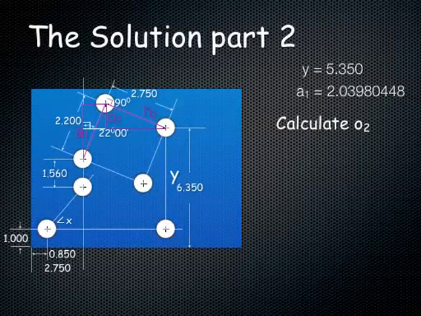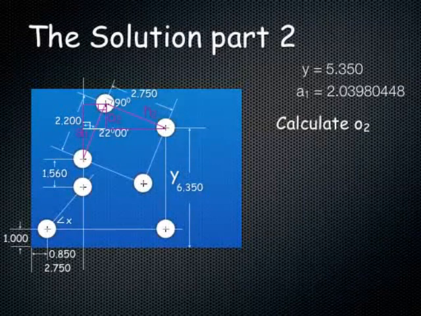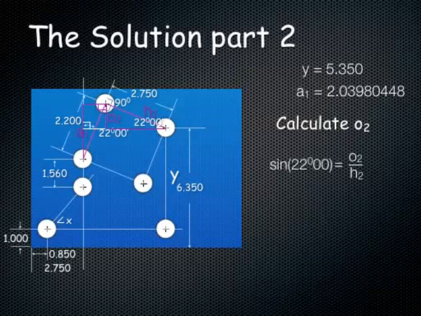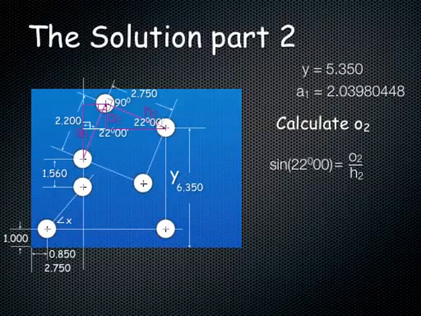Well, since this side of our triangle is perpendicular to that angle, and this side of our triangle is perpendicular to that angle, and this is perpendicular to that side of the triangle, our triangles are similar, so this angle is actually the same.